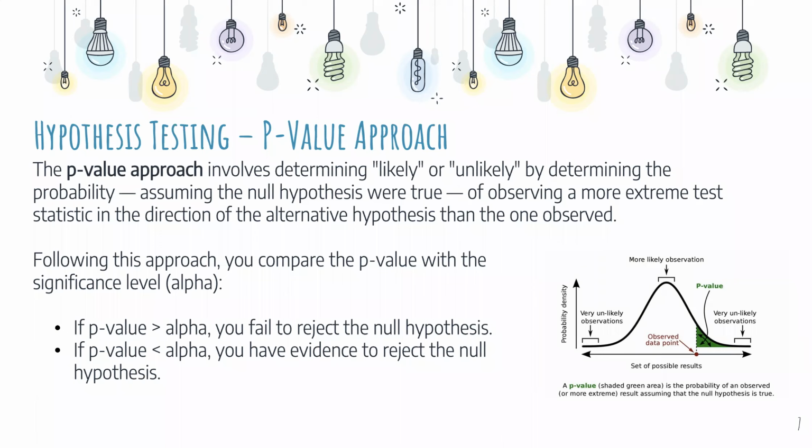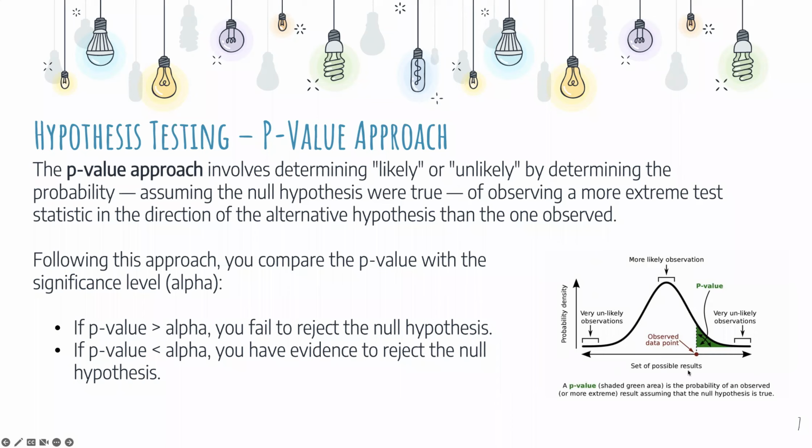Following this approach, we compare the p-value with the significance level. And so again, I have a picture in here. We have that normal distribution again. The p-value is the area under the curve from the observed data point on.